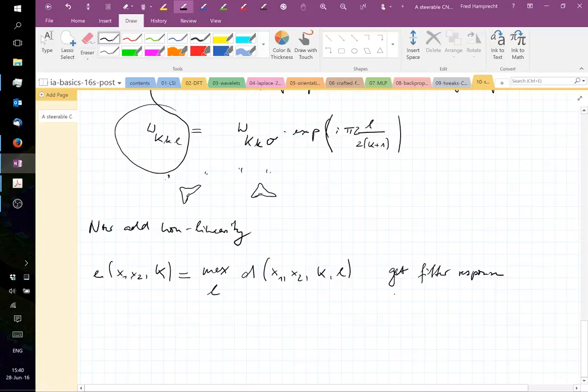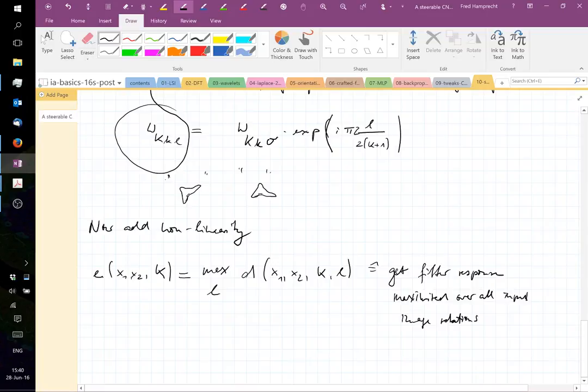It's equivalent to getting a filter response maximized over all input image rotations.